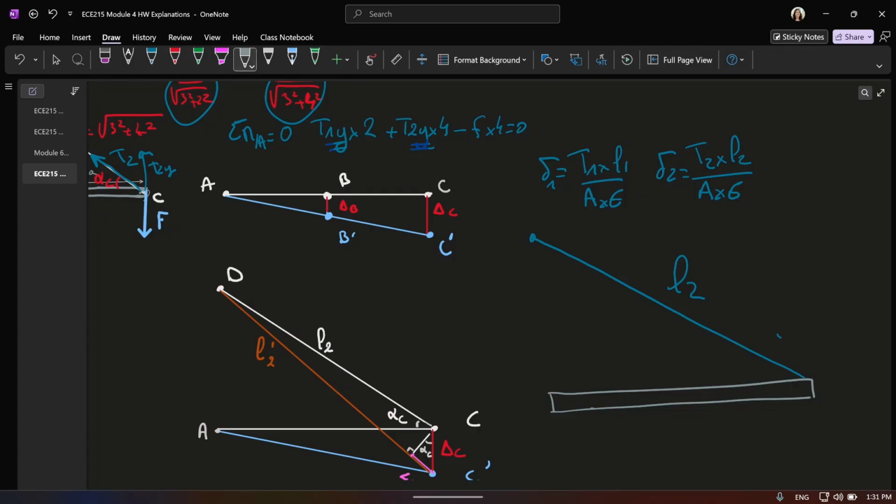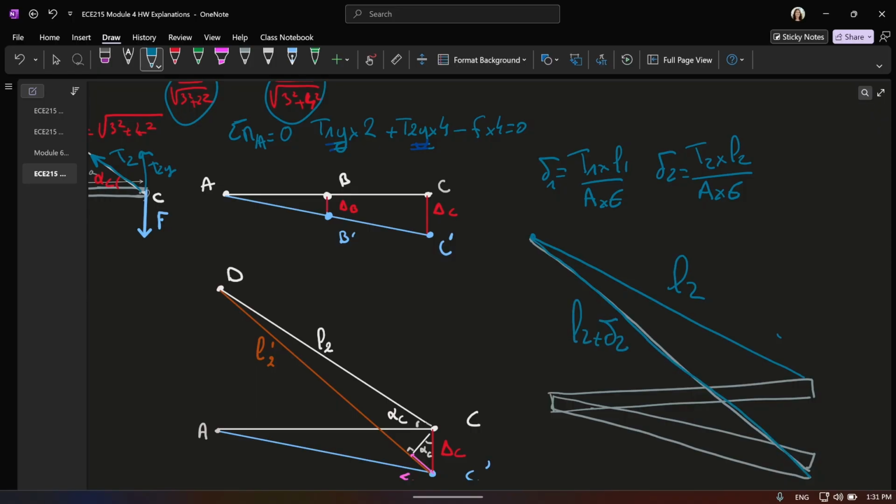Now my beam is rotating like this, and we have the new L2 plus delta 2, little delta 2. This is my first distance L2, and this is my delta 2 over there.